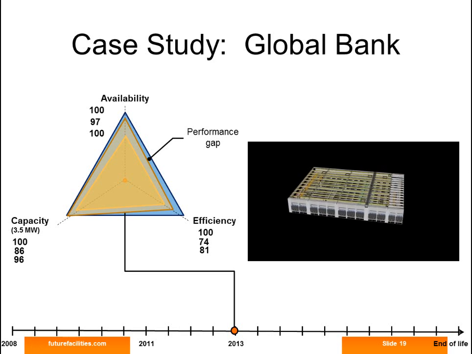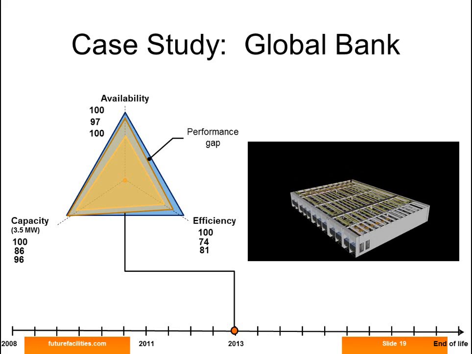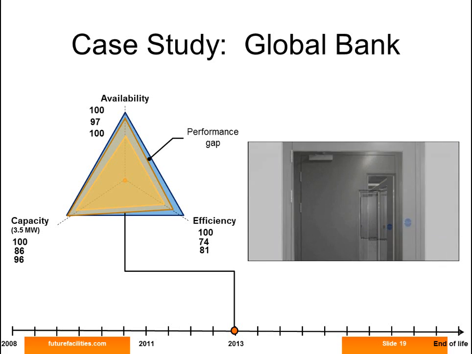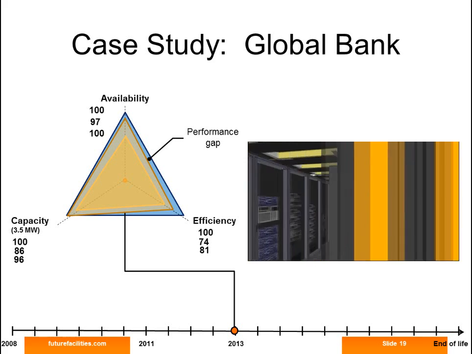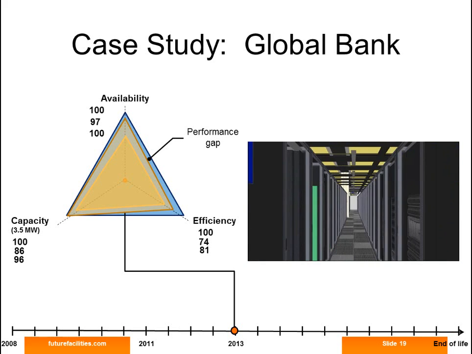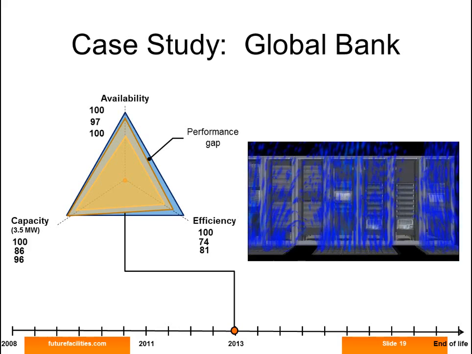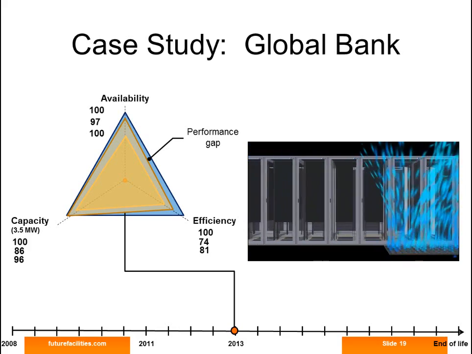In terms of capacity, they added 10% of total IT loading capacity from the baseline. They also removed all of the IT availability problems through the use of the model. And at the same time, they were able to increase efficiency from 74 to 81% over this 2-year period.